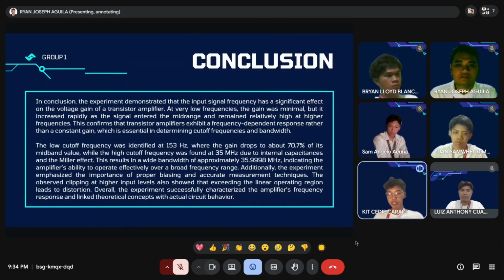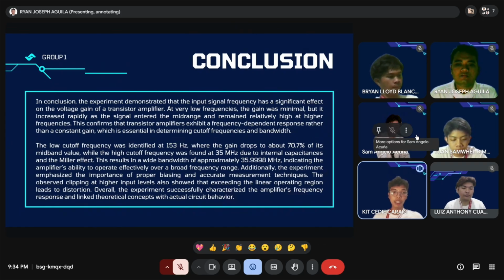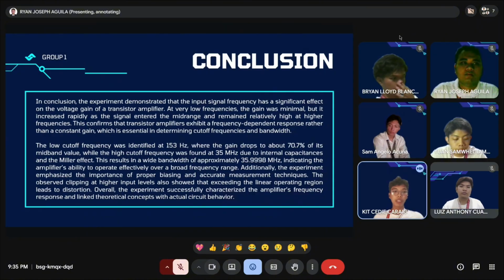For the conclusion of our experiment 3, the experiment shows that the voltage gain of the transistor amplifier depends on the input frequency. The gain is very small at a low frequency, increases in the mid-range, and remains high at higher frequency, which confirms that the response is frequency dependent. The low and high cutoff frequencies identified earlier result in a wide bandwidth.